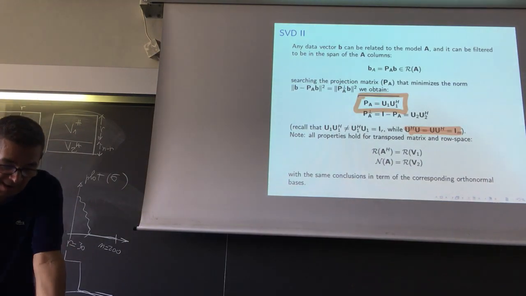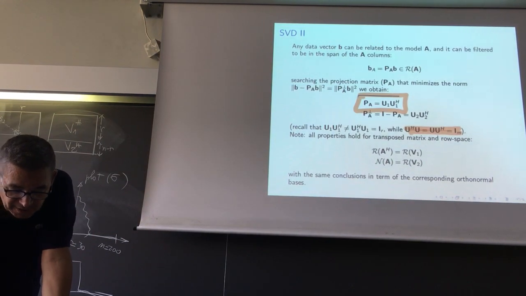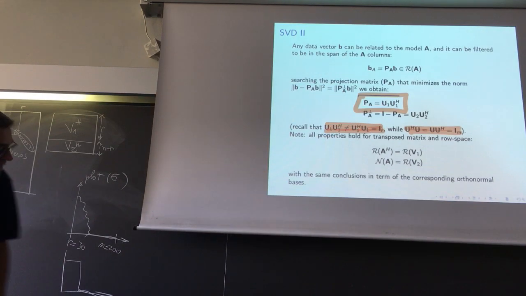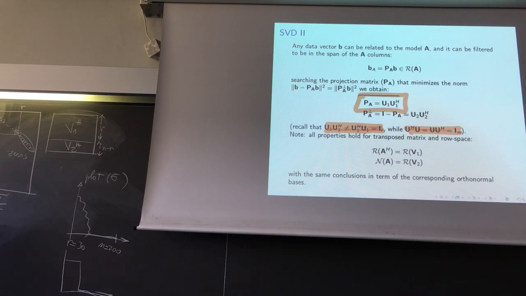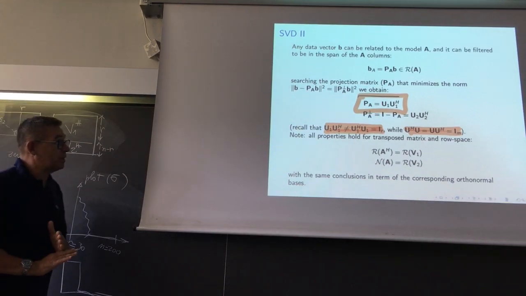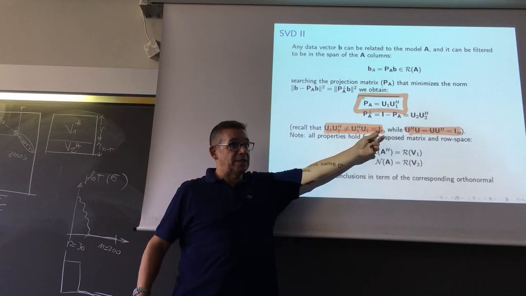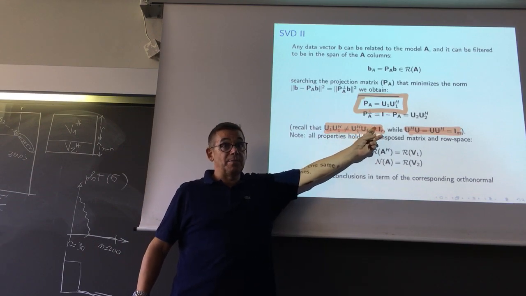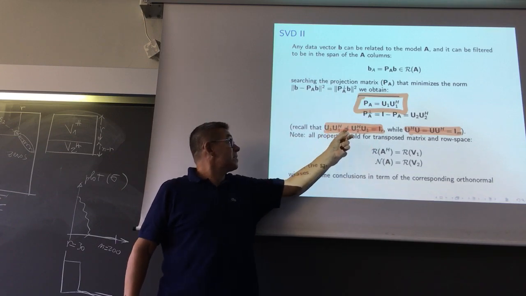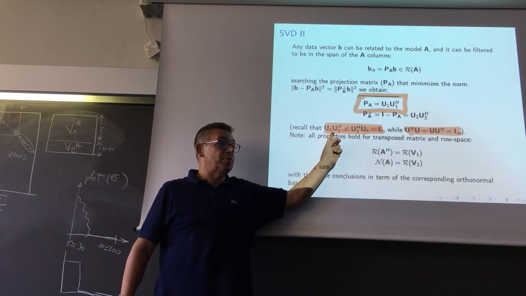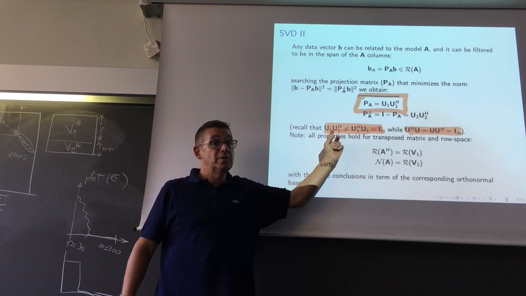But if I consider U1, now U1 is a subset of vectors. The vectors are orthogonal with each other, so U1 Hermitian U1 is equal to identity, where the identity is of dimension R. But this one is different from U1 U1 Hermitian, because this one is a projector.